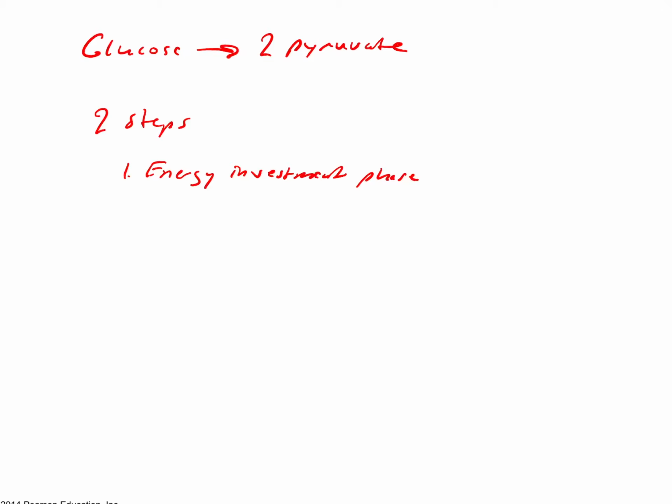Again, this is like putting a flame to the house, right? You're adding activation energy to kickstart that process. Okay, then once the reaction begins to move forward, we enter what's called the energy payoff phase. This is where we get more energy out than we invested in the investment phase.